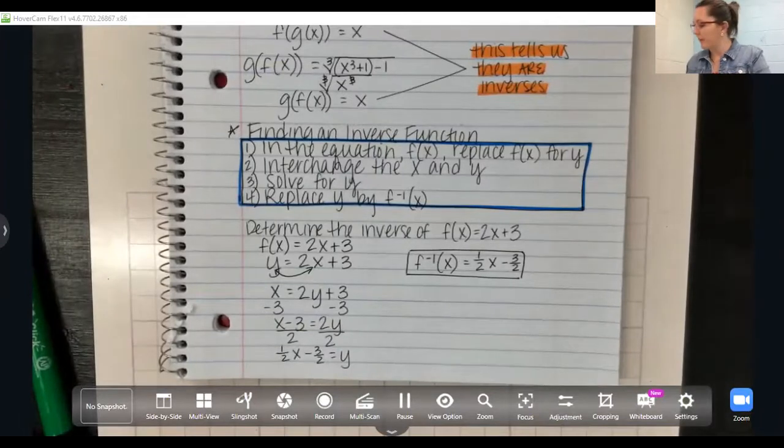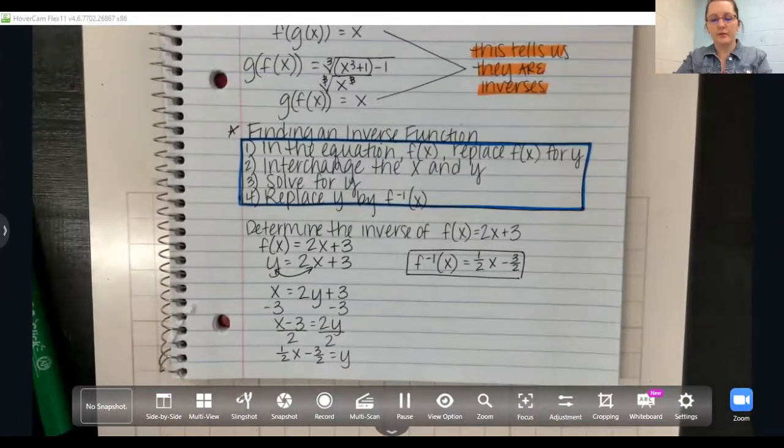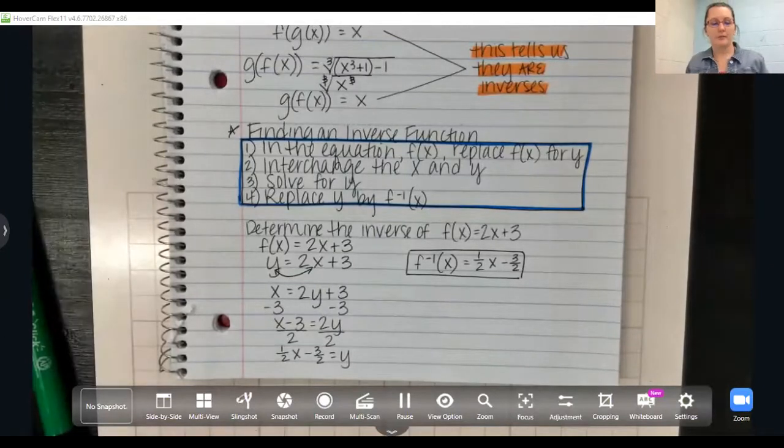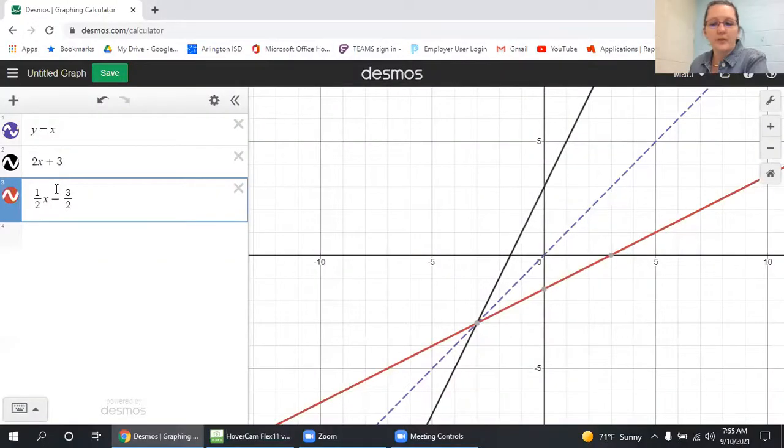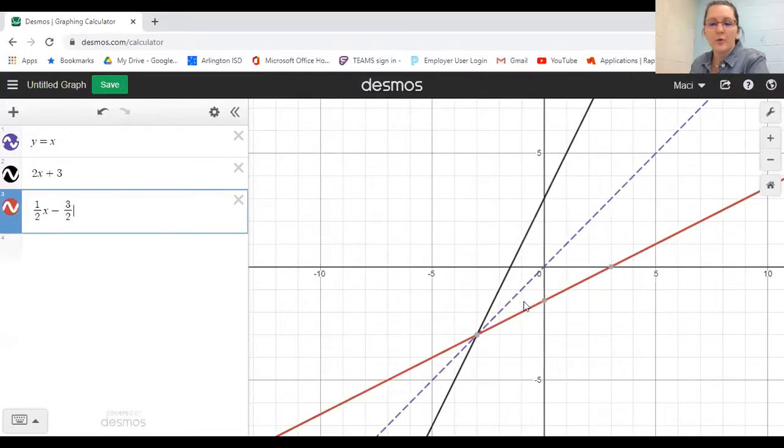And I know you can't see it. I wanted to give you a chance to write that down. But here we go. Okay, so let me switch my sharing. There we go. Okay, so you can see here's our y equals x reflection line. And here's some points here. Here's 3, 0. What about 0, 3?